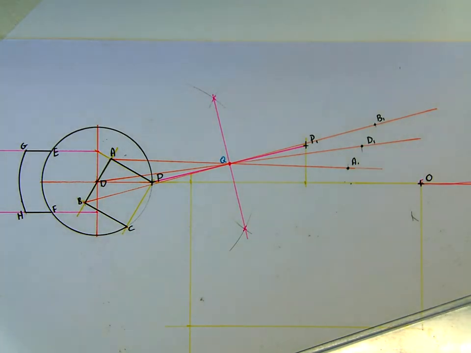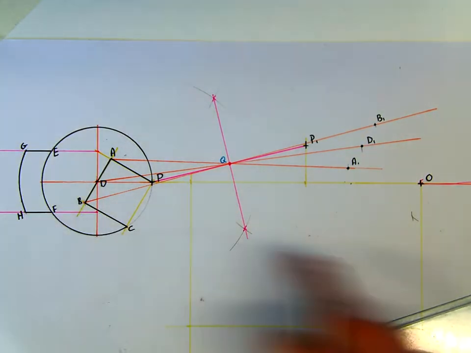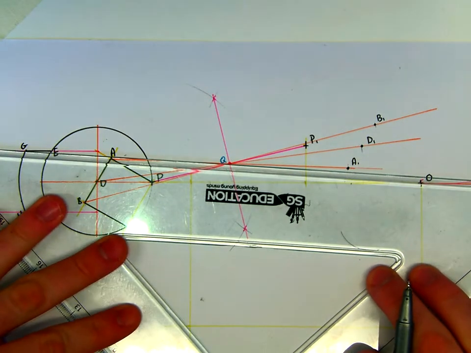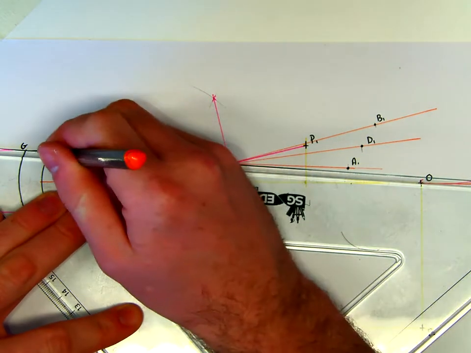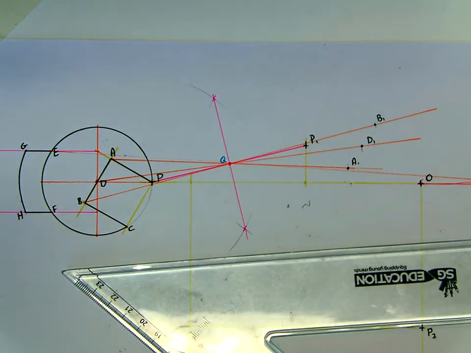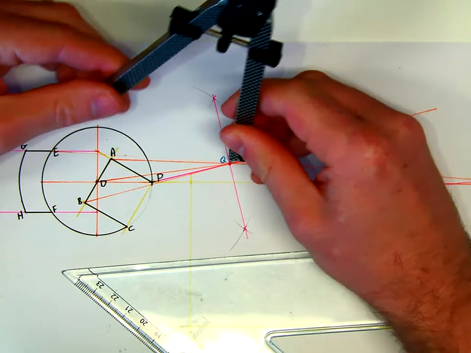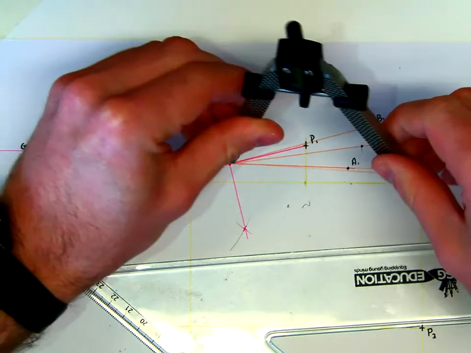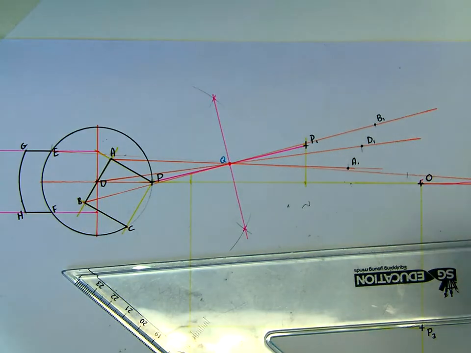So now I'm over to F, E, G, and H. So bring in E through point Q. Put my compass on Q. Stretch it over to E. And mark in E1.